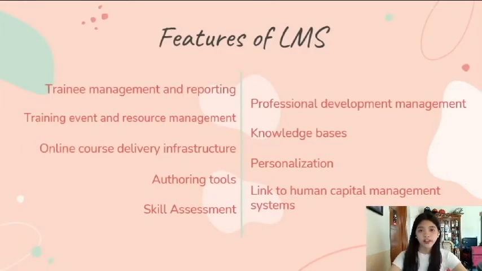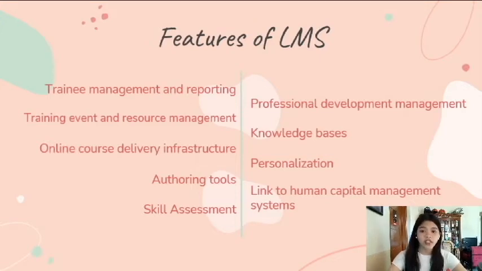The features of LMS or Learning Management Systems. The first is training management and reporting. With LMS, we can track and report on training progress and activities. This makes monitoring their progress easier. Training event and resource management.